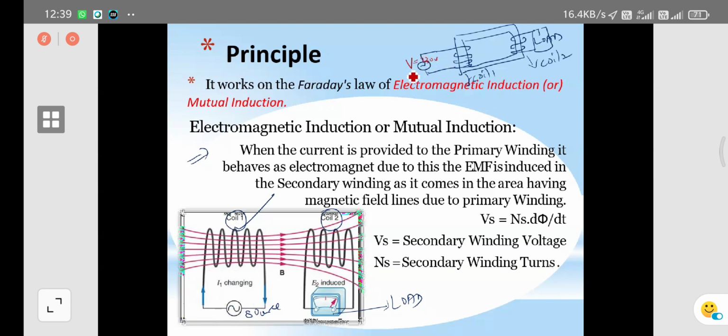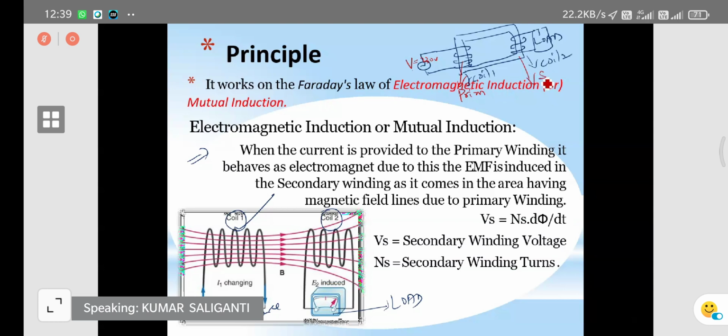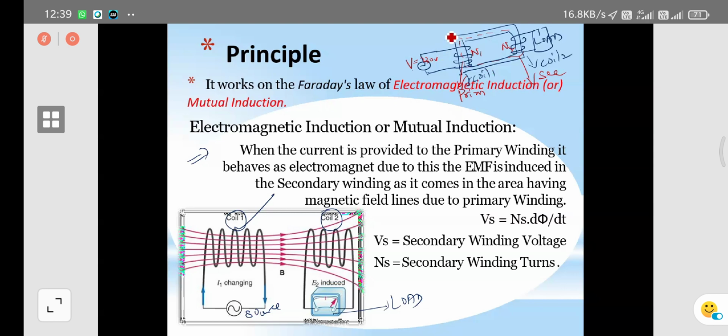As input voltage is applied to the primary winding, this is the secondary winding, and these are the numbers of turns, N1 and N2. This one is the magnetic core, which could be ferrite or steel.